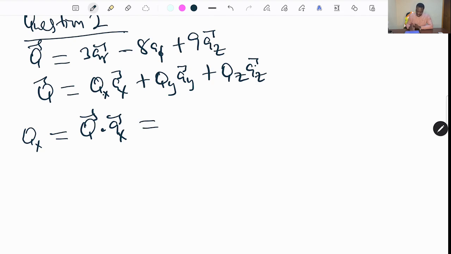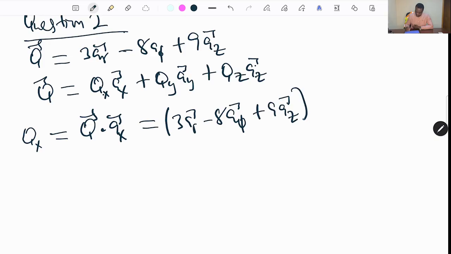When you replace everything, we have 3 a_rho, minus 8 a_phi, then plus 9 a_z, dotted with a_x. So this will give us 3 a_rho dot a_x, minus 8 a_phi dot a_x.